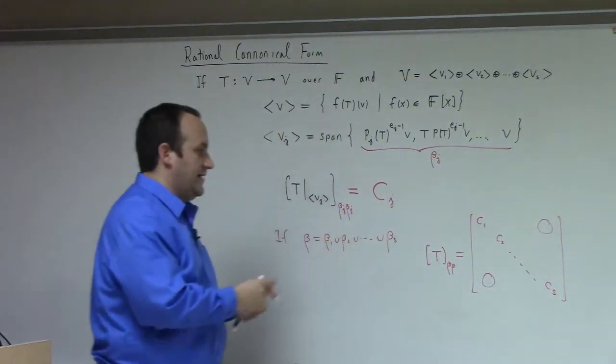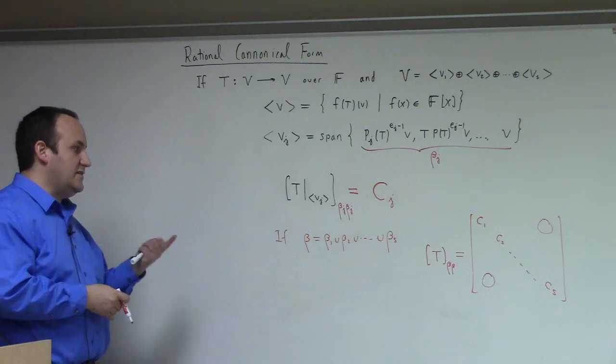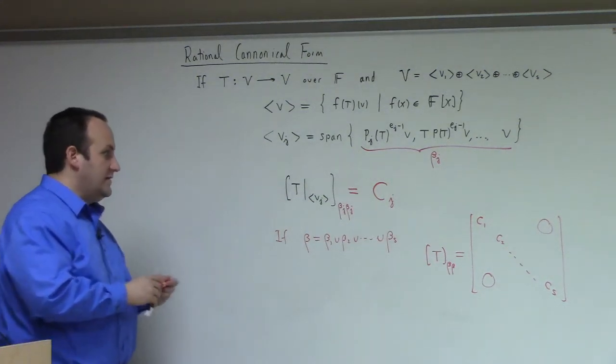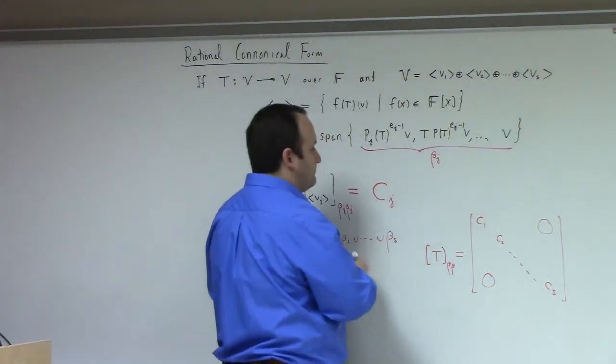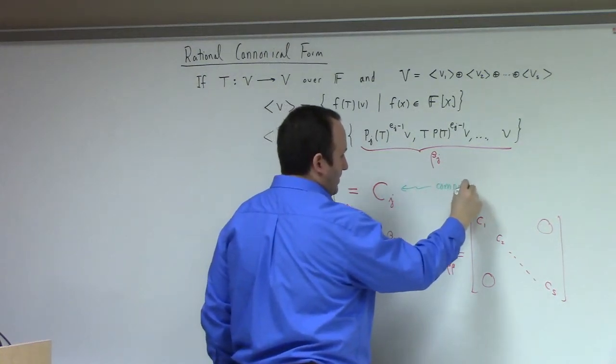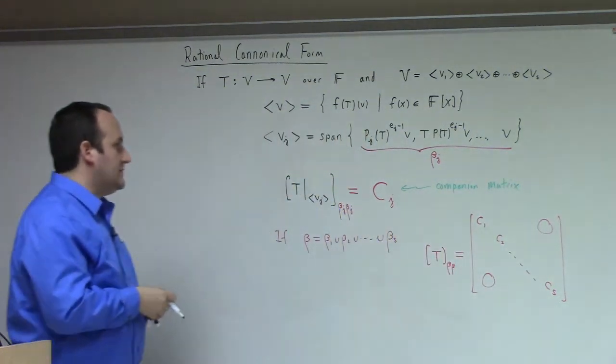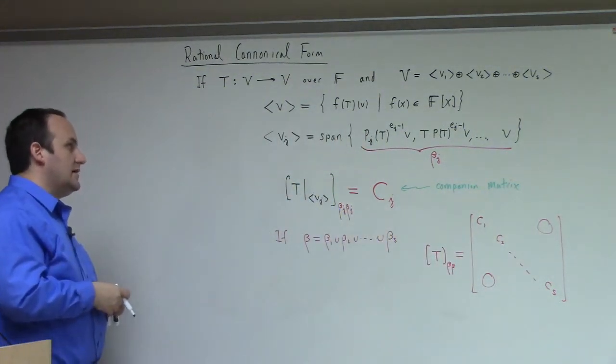And this is the so-called rational canonical form. Each one of these C's is called a companion matrix.